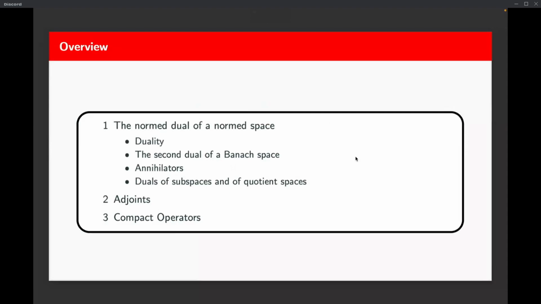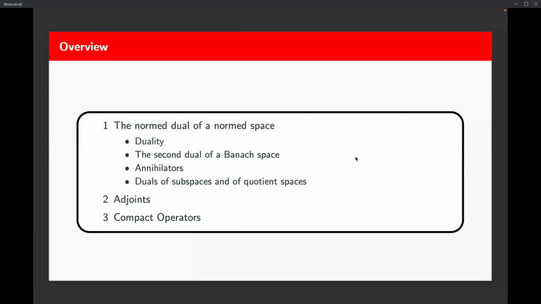And then the next main topic is adjoints in terms of Banach spaces, which is very subtly different from the standard adjoint from linear algebra and Hilbert spaces, and I'll get into that when we get to it. And then the main overall topic of this chapter that all this is leading up to is compact operators, for which Rudin has a good quote, which I'll show on one of the slides.